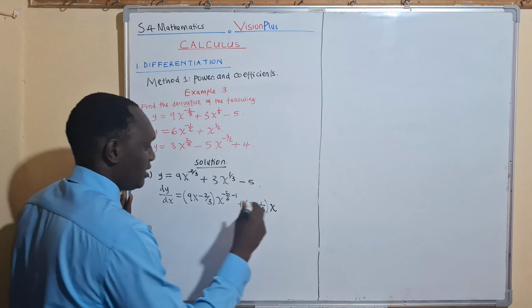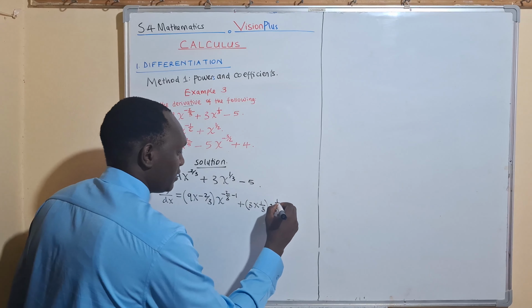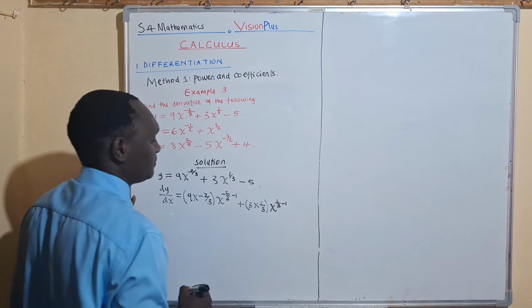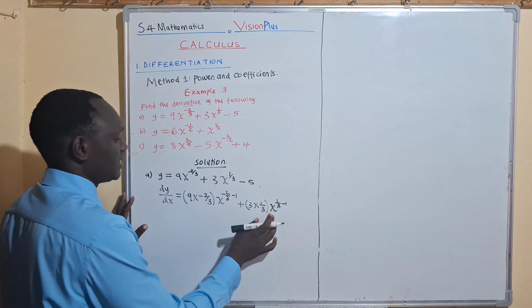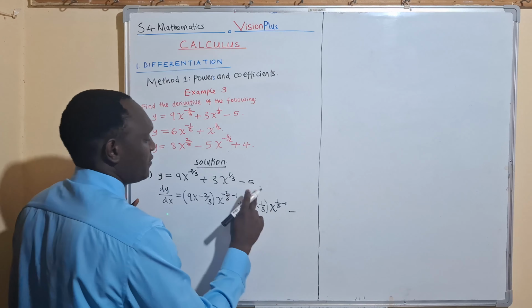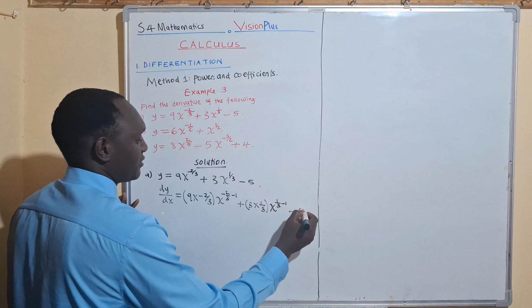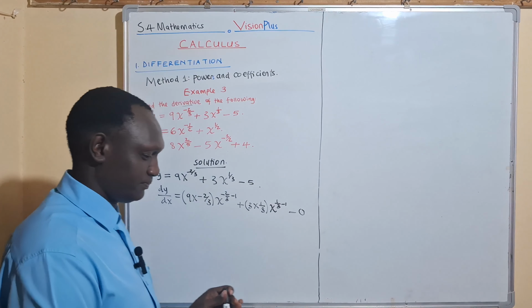And now the new power becomes the old power 1 out of 3 minus 1. We have differentiated the second term, minus 5 is a constant. If we differentiate the constant, we get 0.